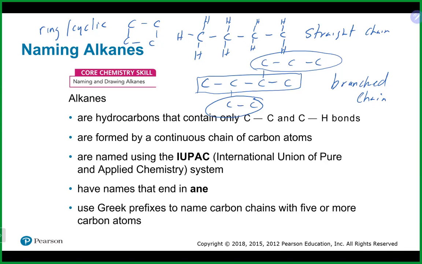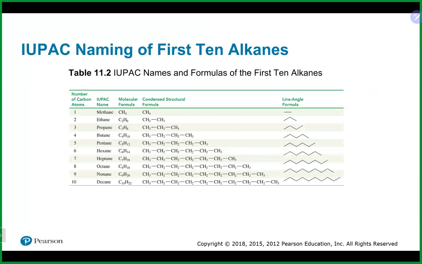All right, so the very first thing that you should learn is what's on this table. That's really important because these are the first 10 alkane names. The faster you learn these names and their formulas, the more enjoyable organic chemistry will be for you, because everything else along the way comes back to these first 10 names.